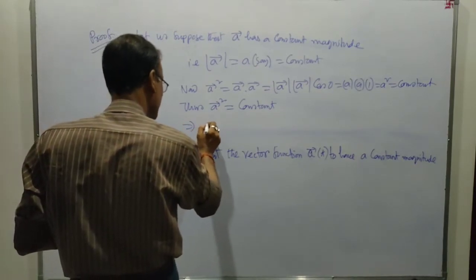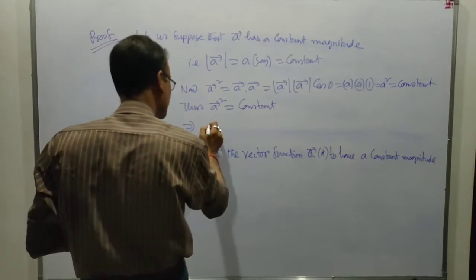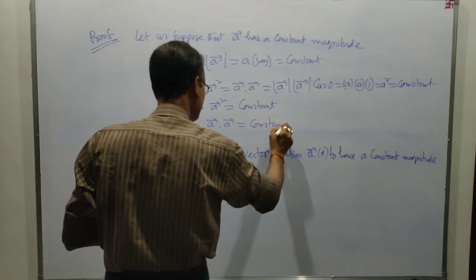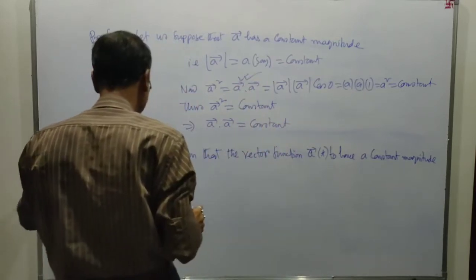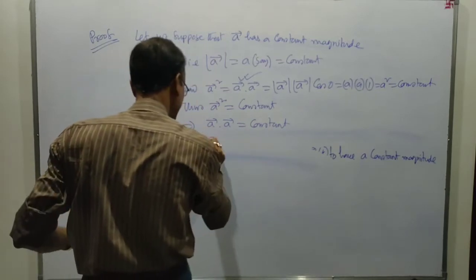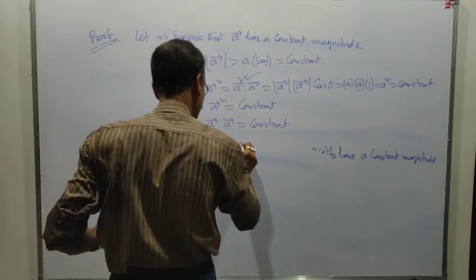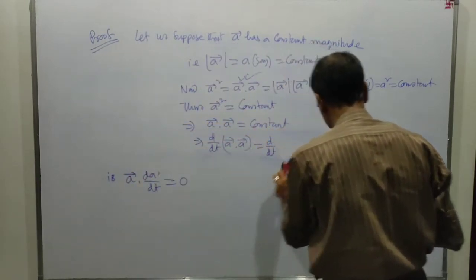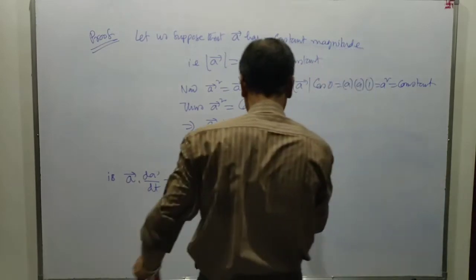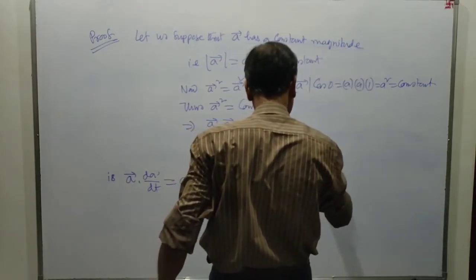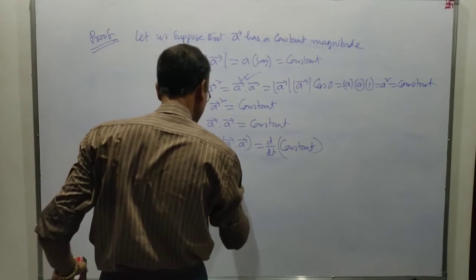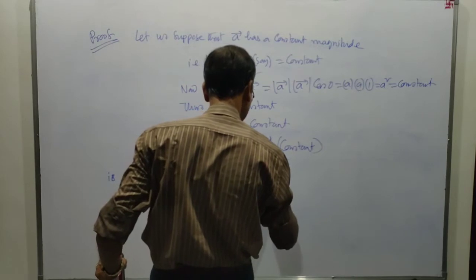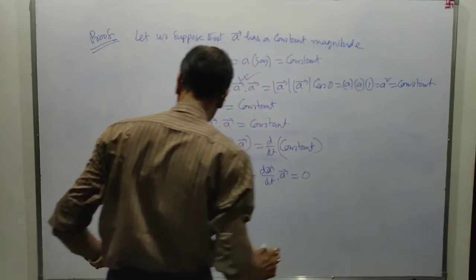This means also you may write A vector dot A vector is equal to a constant, which has already been written here. Now differentiate this with respect to t. This implies A vector dot dA vector by dt plus dA vector by dt dot A vector equals 0.